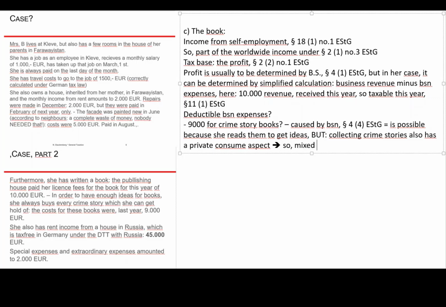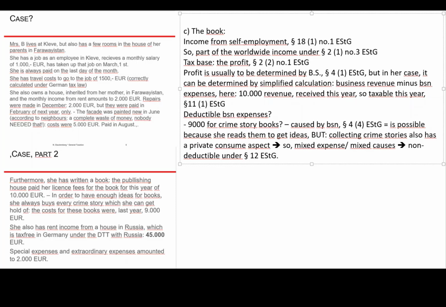So mixed expense, mixed causes for the expense, and so that renders the whole thing non-deductible under paragraph 12 ESTG.